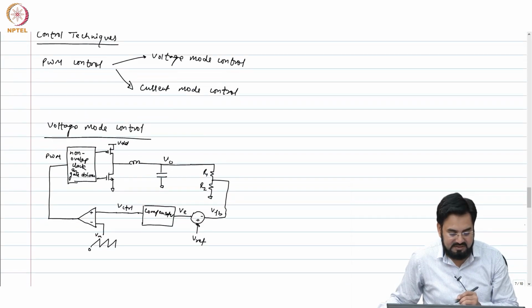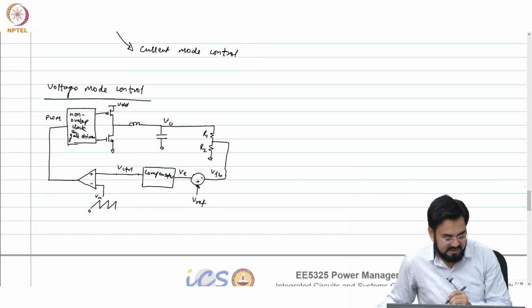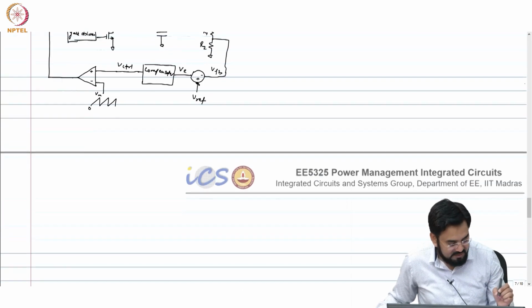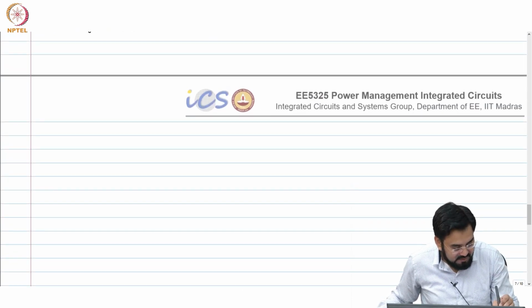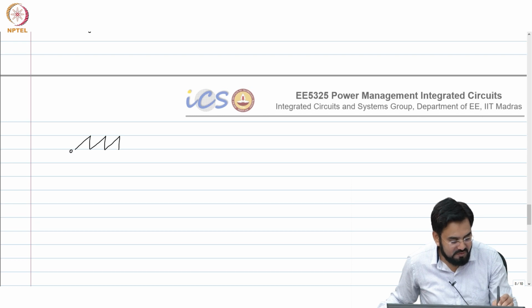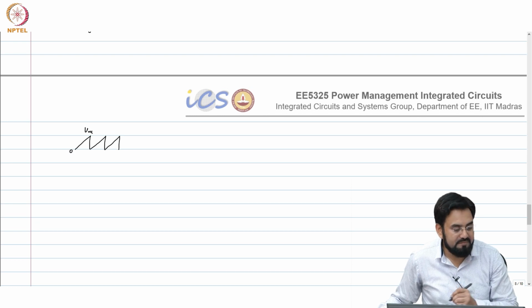So now let's see how your duty cycle is getting generated here. So now this is your sawtooth going 0 to Vm.